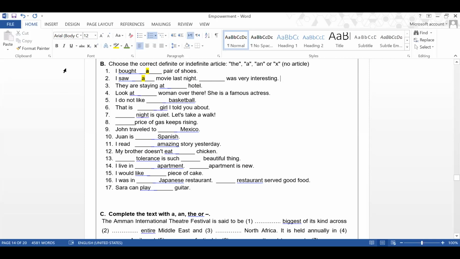Okay. Look, I added a sentence here. Can you complete it? The movie. Exactly. Why?